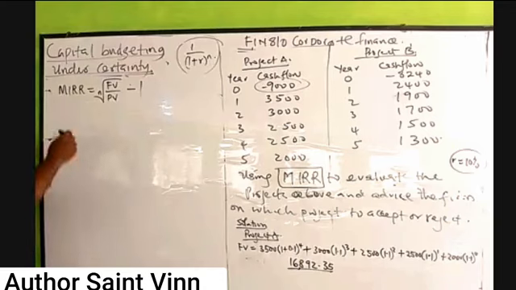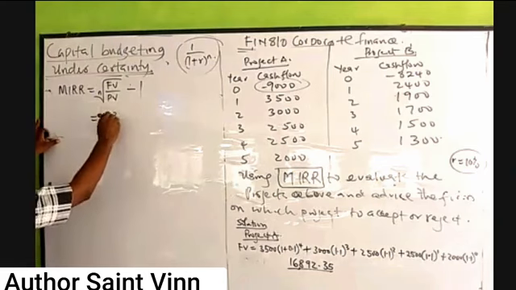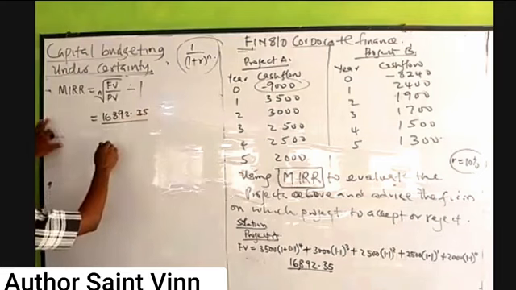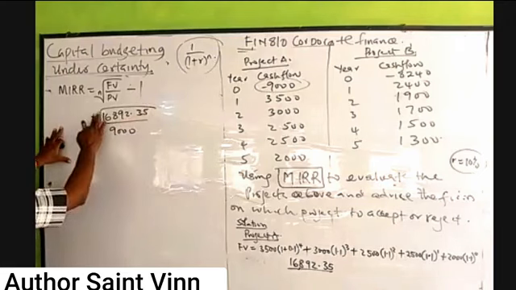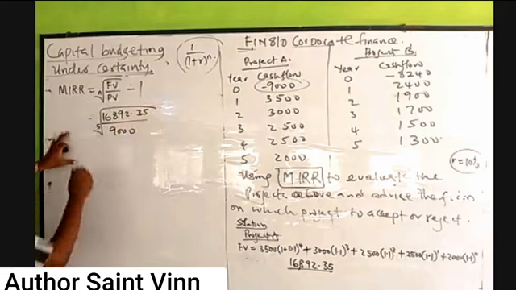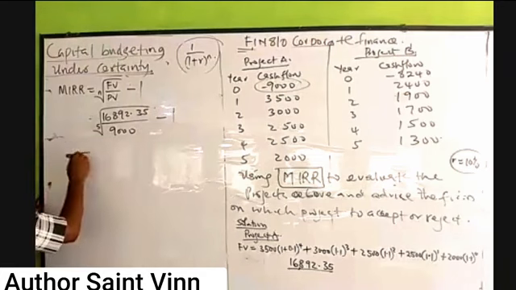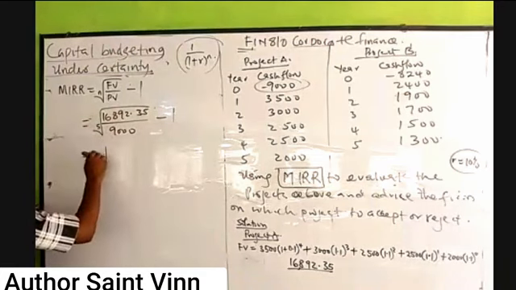Now, to get the MIRR is what? 168,892.35 over 9,000. How many years? 5, are they? Minus 1. Somebody help us. Divide this, let's see what it is.